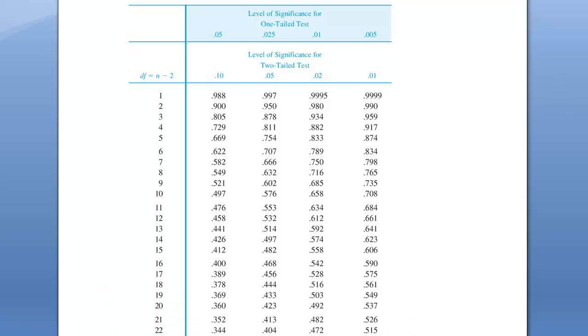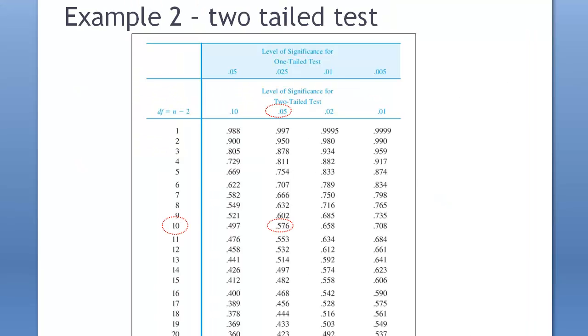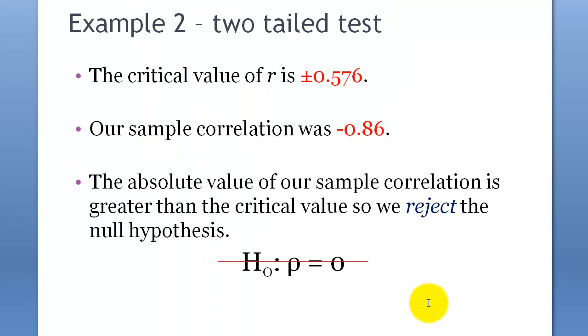So let's take a look at the example. The critical value of R, we have to be careful because there are two tails, so it's plus or minus 0.576, and our sample correlation was minus 0.86.